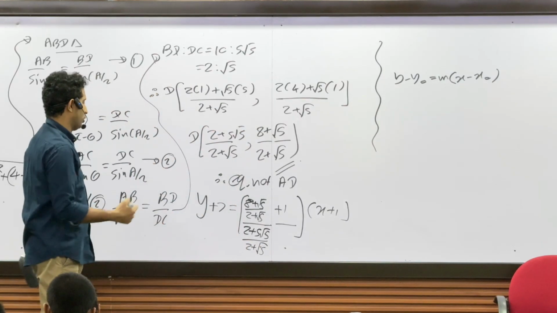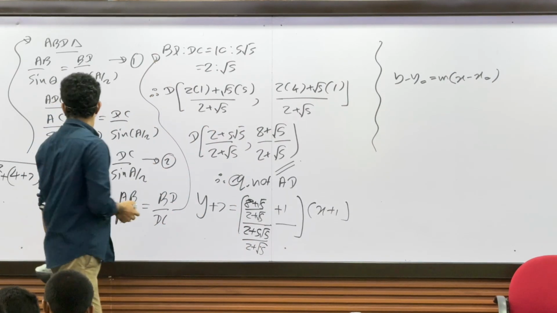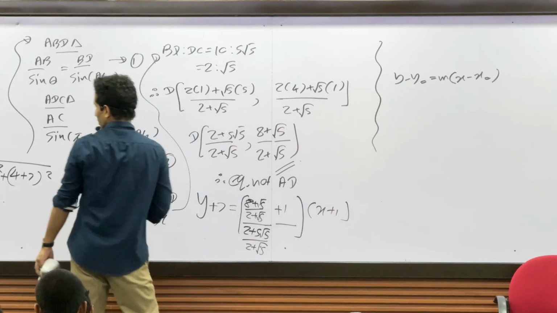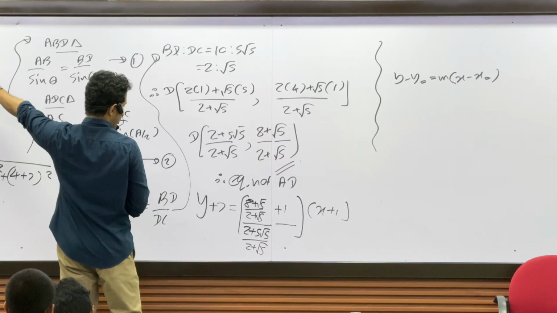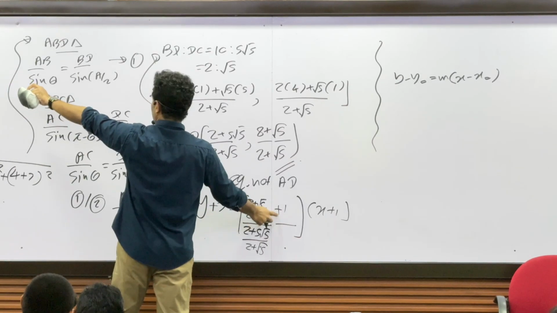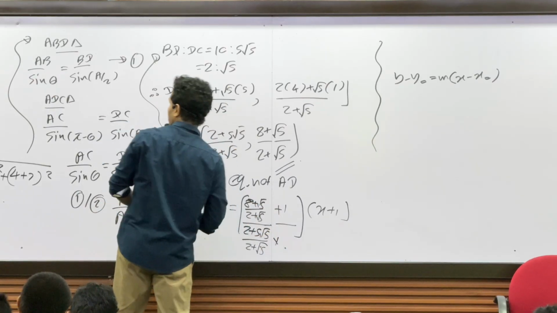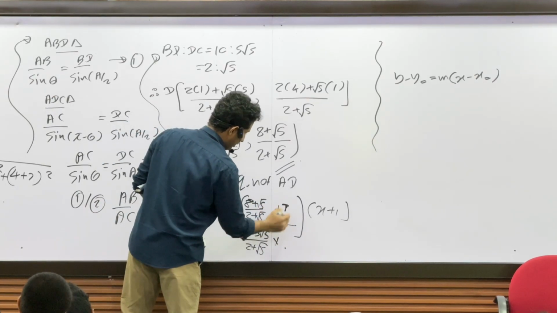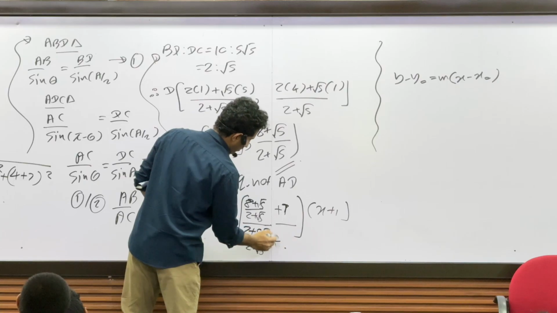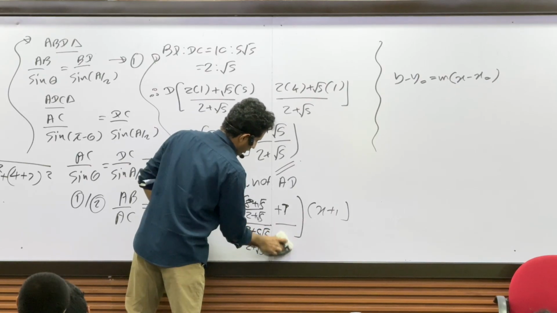Here the y coordinate is 2 plus 5 root 5 divided by 2 plus root 5 plus 7, right? The x coordinate here, plus 1. This should be 7 plus 1.